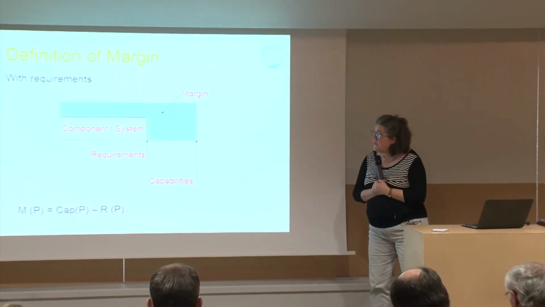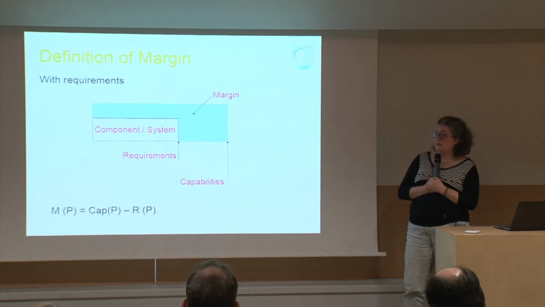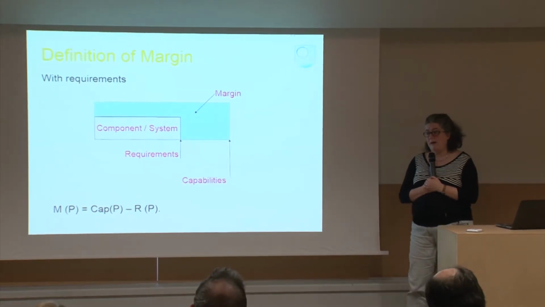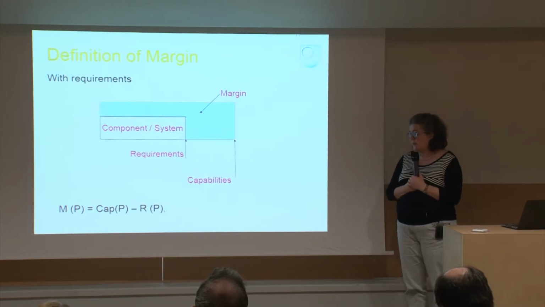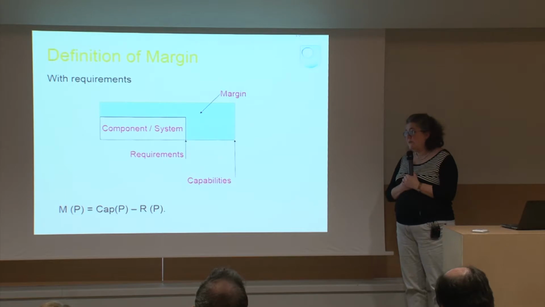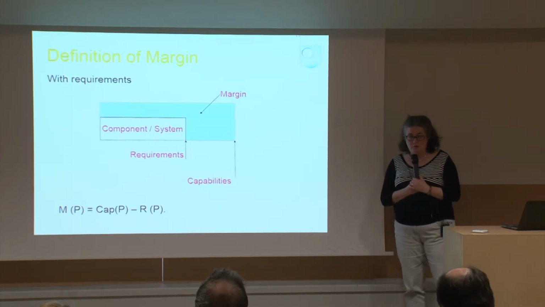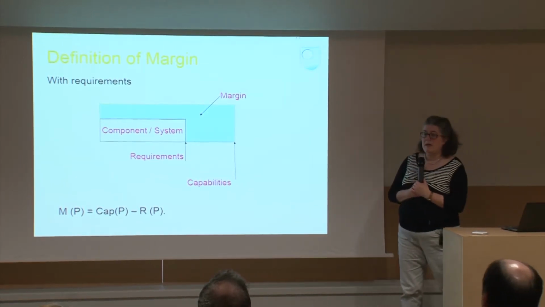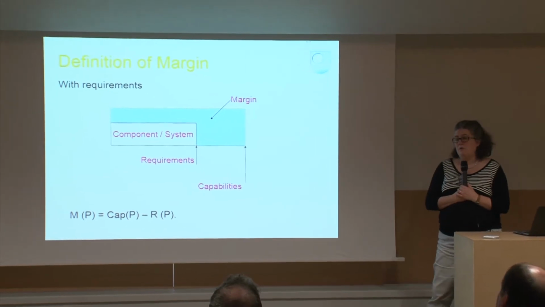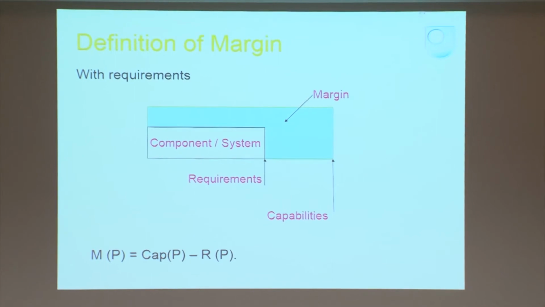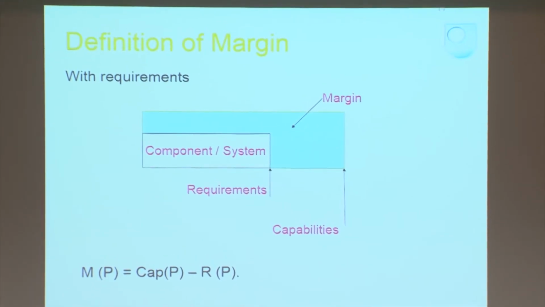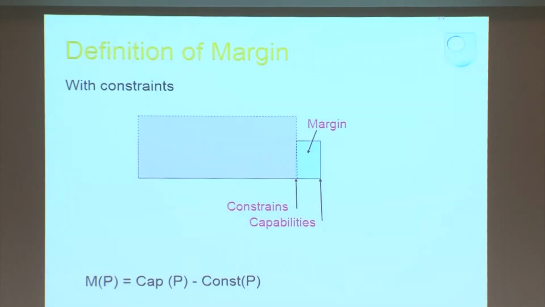If you have got something that has a specific requirement put on it, you can think of the margins as the difference between the capability that the component would actually have and the requirements that it needs to fulfill. If you think of something like a simple beam, the beam could carry 7 kilos, it needs to carry 4 kilos, so we have got a 3 kilo margin. On that level, it's quite a simple concept.